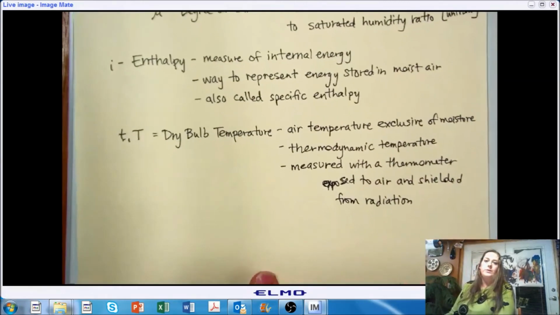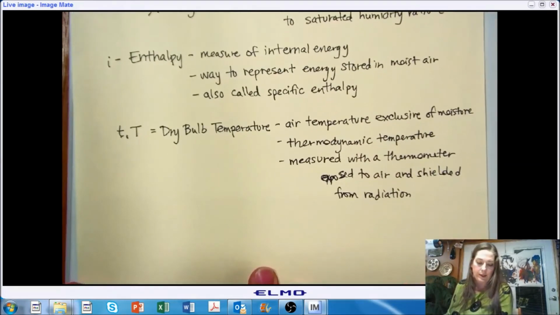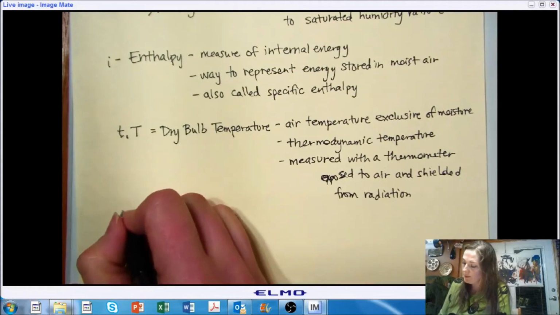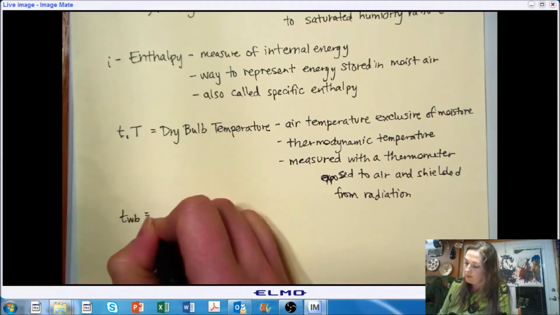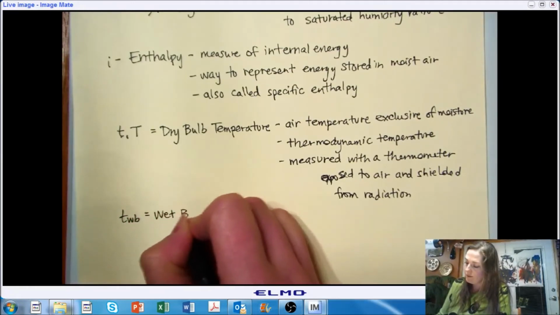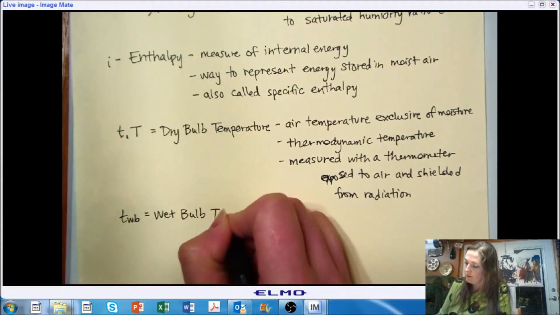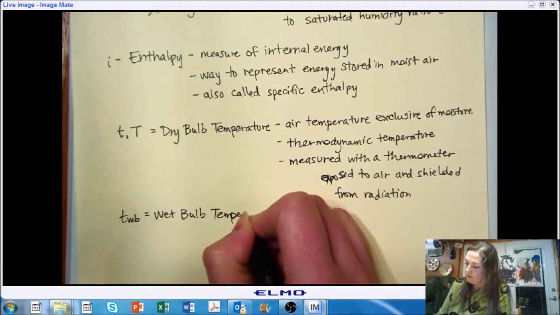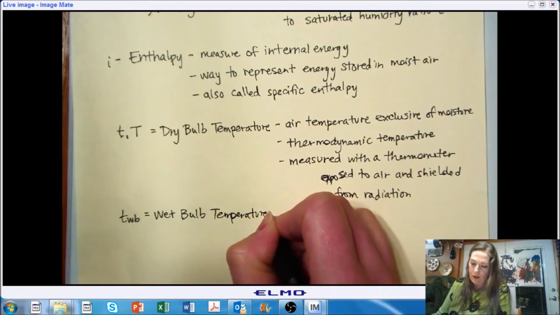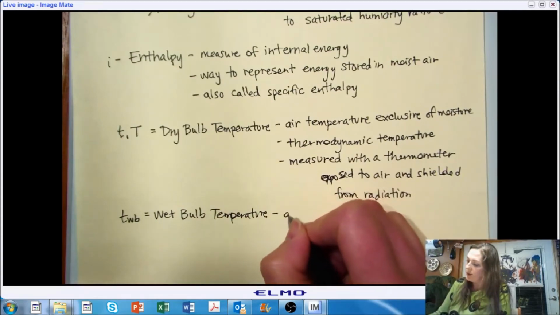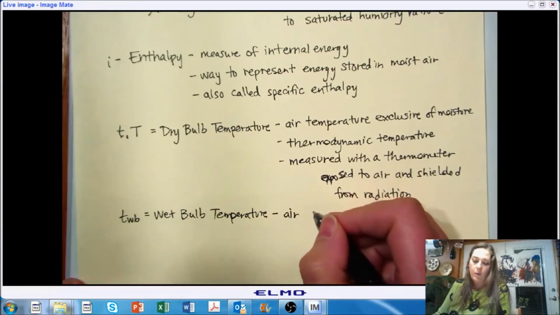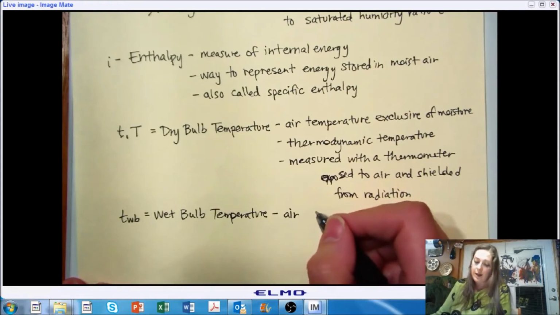The next measure of temperature that we are going to look at is called the wet bulb temperature. The wet bulb temperature is the temperature of the air if it were cooled to saturation by evaporation of water into the air.